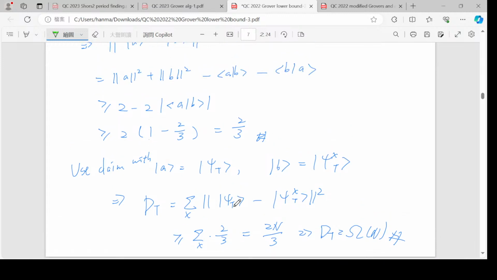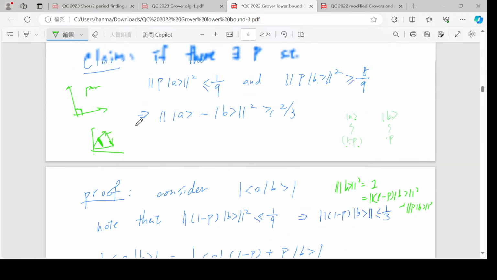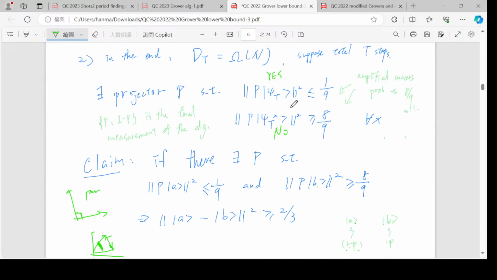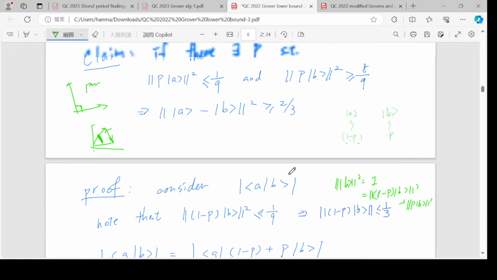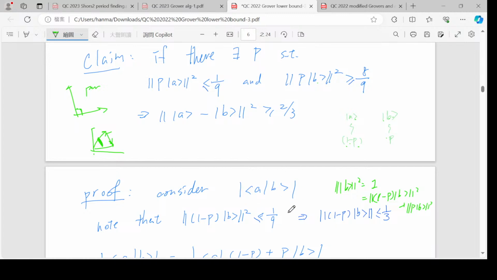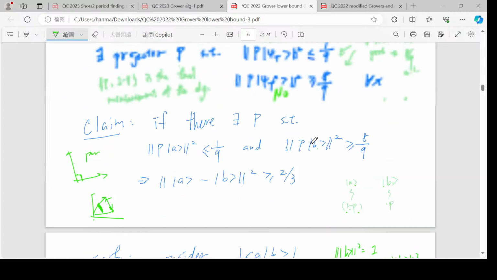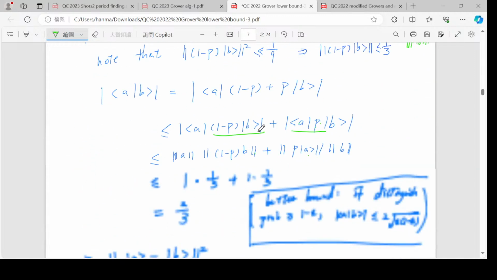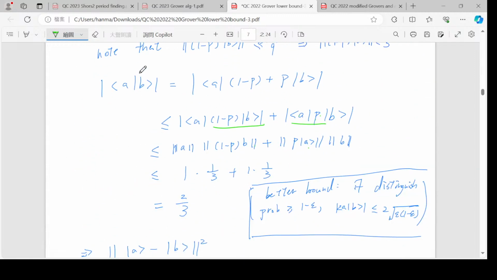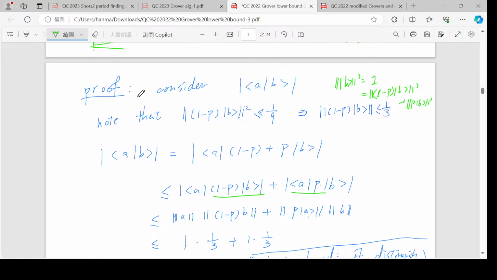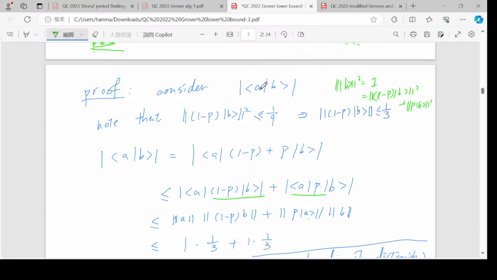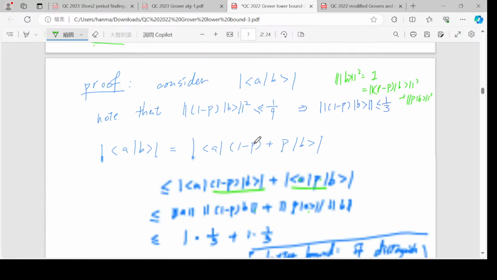But anyway, if we have this, then the actual thing we want is that psi t and psi t x are a constant distance apart for every x. And for that we show a bound. Okay, so we want those two vectors to be pretty far away, and what we show is that the inner product is small, because we want the vectors to be far away, so the inner product needs to be small.